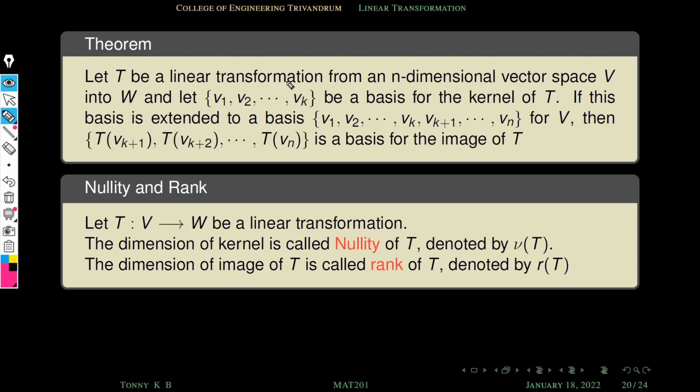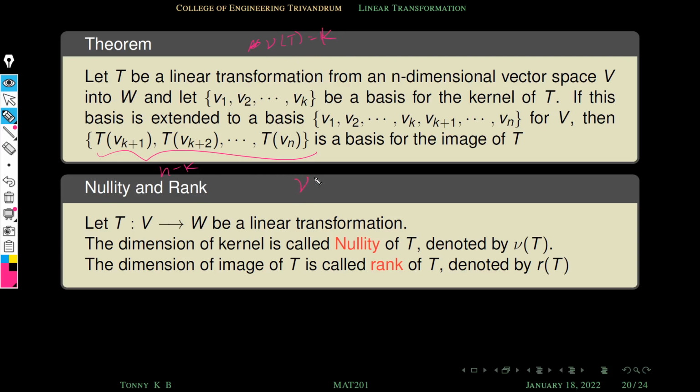Here this is a basis for the kernel, so in this result nullity is k. Clear? And what about the rank of the transformation? It is the dimension of the image of T. From this theorem, it is clear that this is a basis for the image. So what is our rank? Rank is n minus k. So in this result, our nullity is k and rank is n minus k.